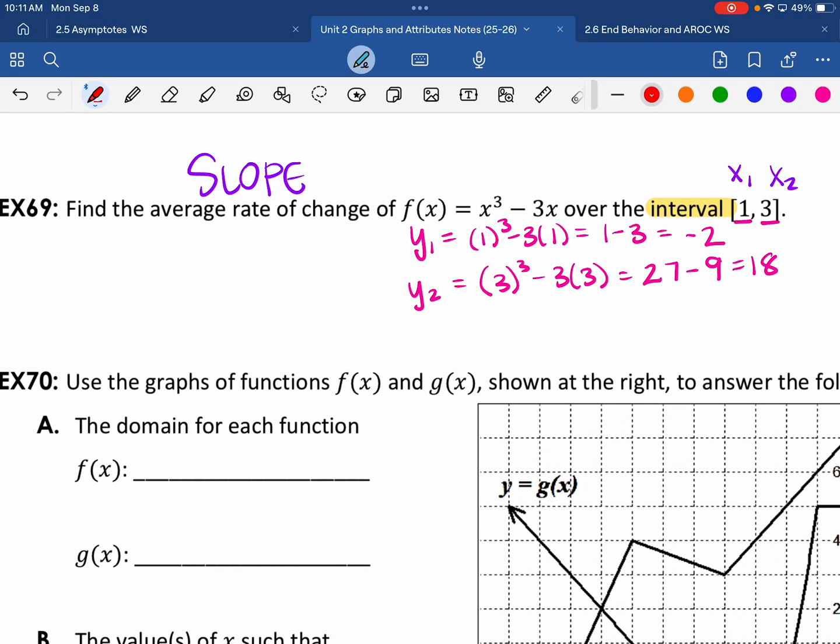Once you get your y's and you have your x's, then you can put it in the slope formula, y2 minus y1 over x2 minus x1, which gives me 20 over 2. So my final answer is going to be 10. Okay, are we okay with average rate of change? It is just slope, just a different vocabulary word.